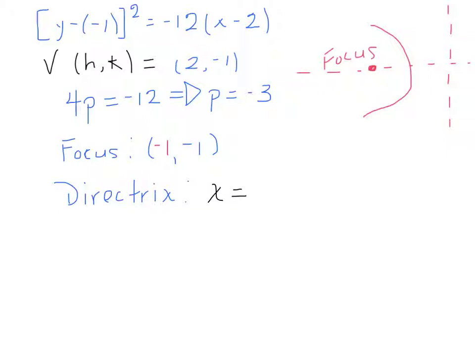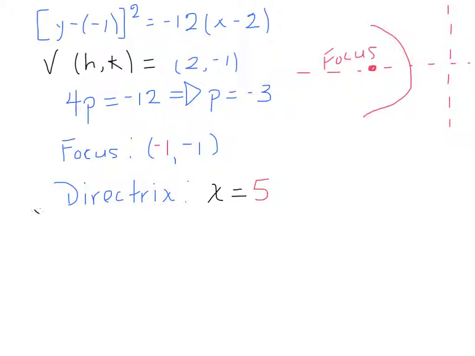And so it's going to have, again, the same y coordinate on the axis of symmetry, but we're concerned about what that x value might be. So if I'm at 2, -1 for my vertex and I go 3 units to the right, then that leaves me at x equals 5. And so my directrix is the line that is formed by the equation x equals 5.